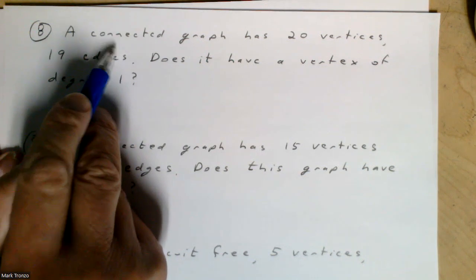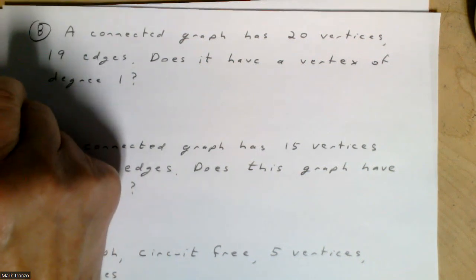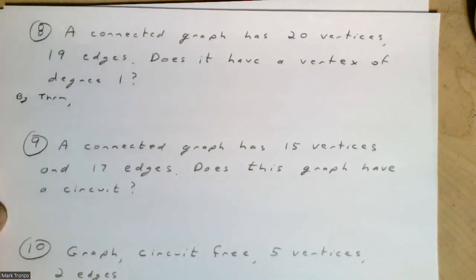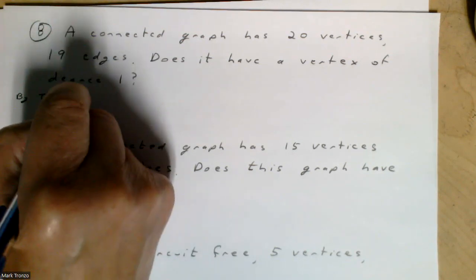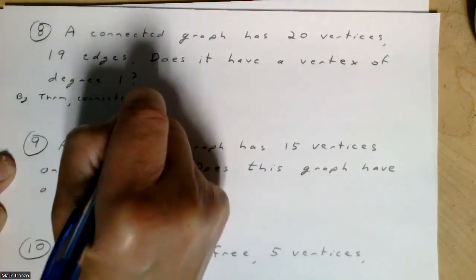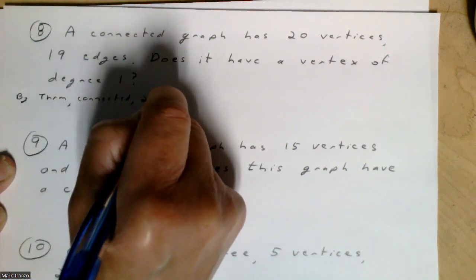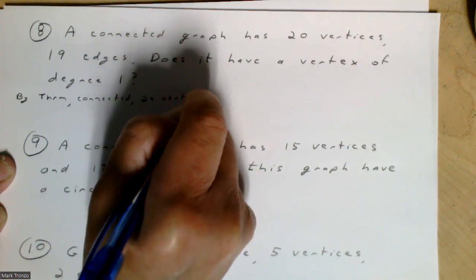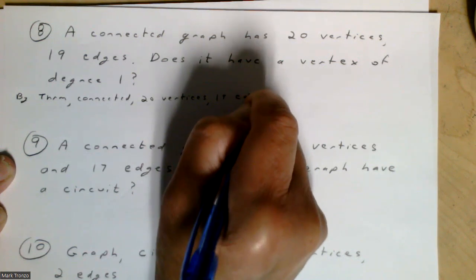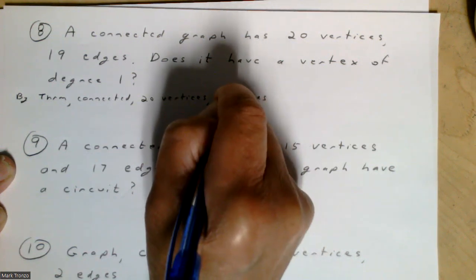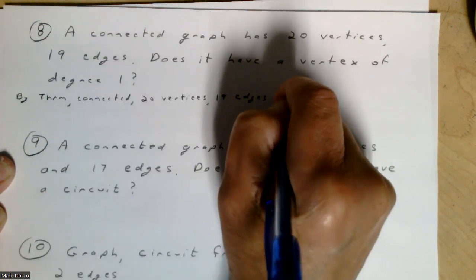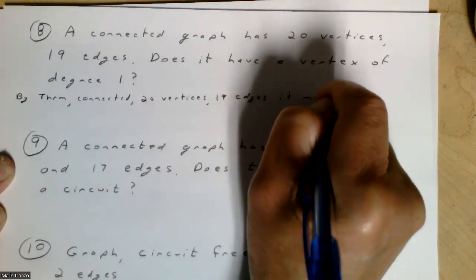So by theorem, we can say connected, 20 vertices, 19 edges. By theorem, we can say it must be a tree.